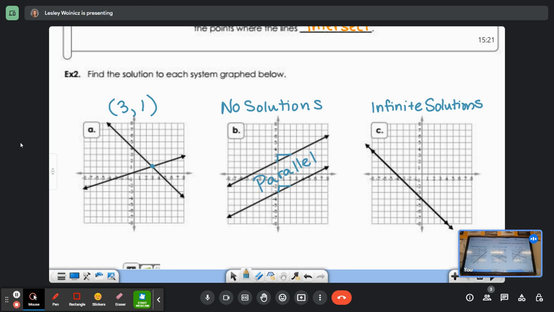They're intersecting everywhere, and they have infinite solutions. So these are our options for a linear system of equations. They can either have one point in common, none, because the lines are parallel and never cross, or it's the same line and they're touching everywhere and they have infinite solutions. Everybody happy with that? Okay, let's do some graphing on the back.